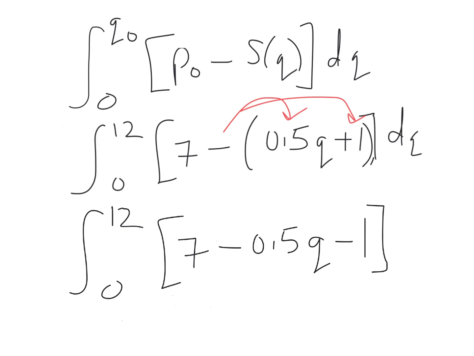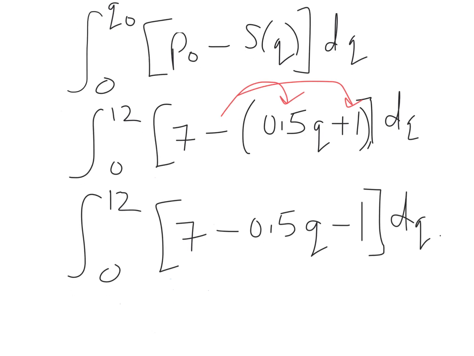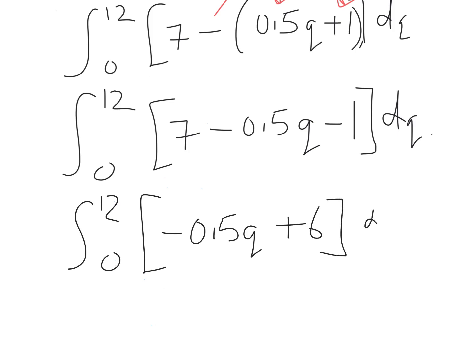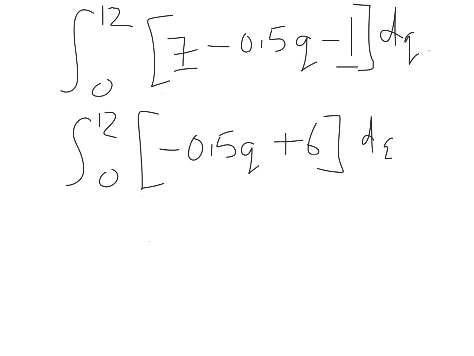Yeah? Okay. Simplify, I'm going to say we have negative 0.5Q plus 6. That's 7 minus 1 plus 6. Then I can integrate.